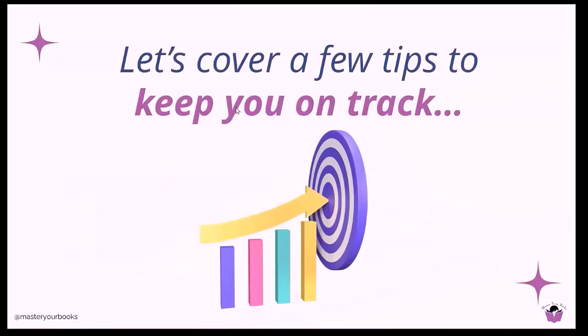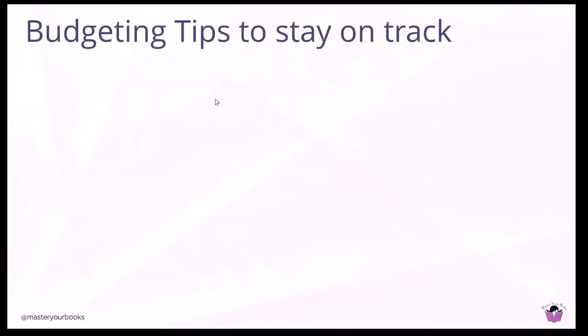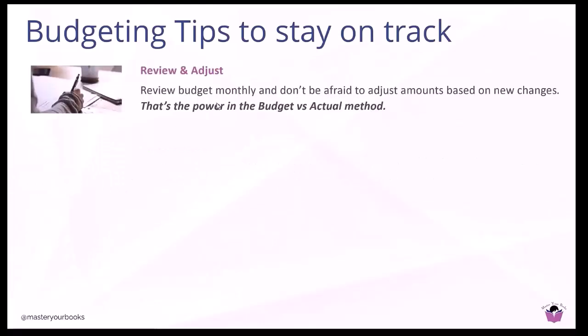So let's cover a few tips to keep you on track with your budget. We start with reviewing and adjusting. Remember, I said there's a power in the budget versus actual method. So we're not just creating this budget and letting it sit there.